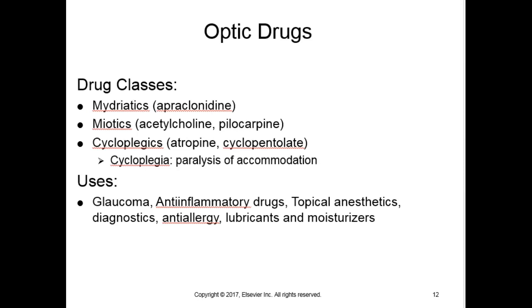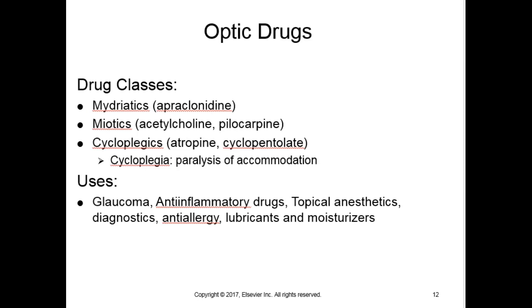So, optic drugs. There's different classes of optic drugs. So there's mydriatics. Mydriatics dilate the pupil. Miotics constrict the pupil. And cycloplegics do plegic. They paralyze. So they don't paralyze the pupil, they paralyze the ciliary body. Some of them could also dilate.